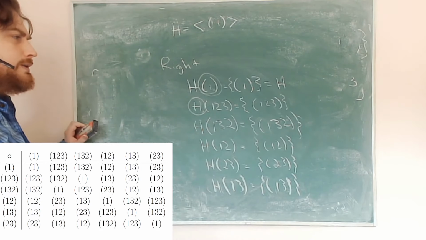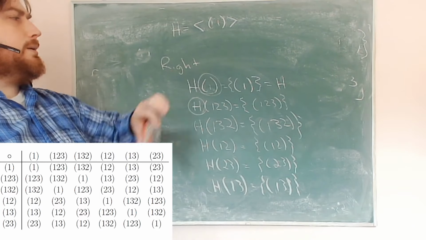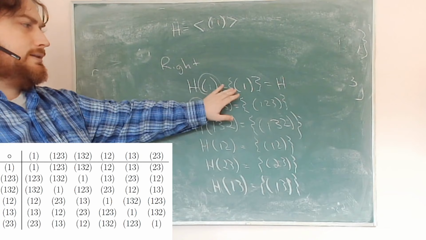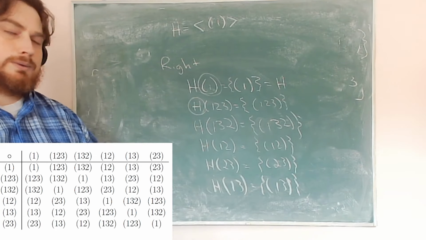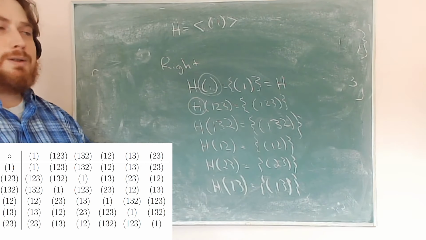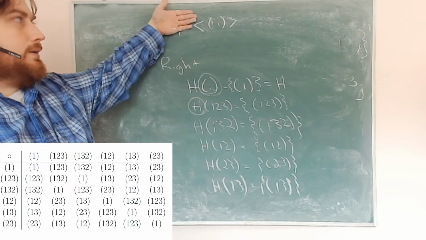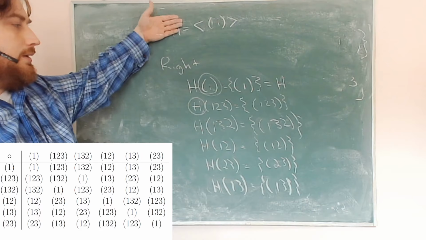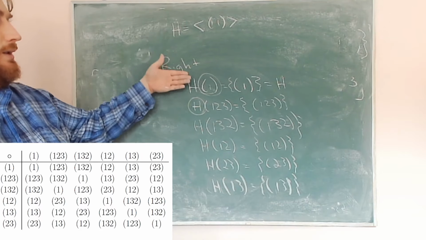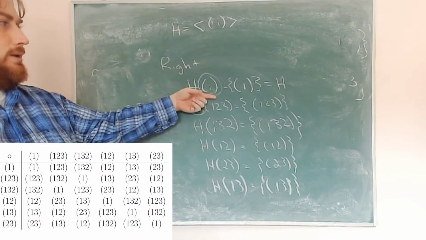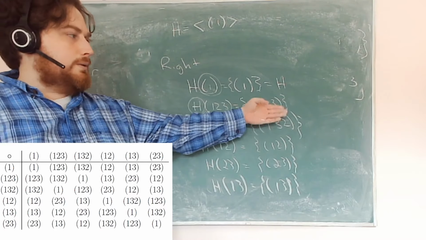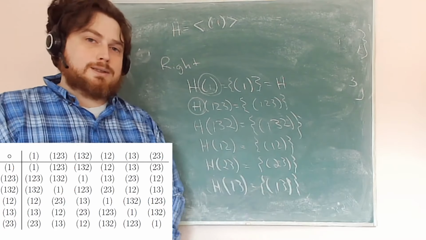So how many cosets am I going to have of the group generated by the identity element? I'm going to have 6 distinct right cosets. So you would have to actually write out all 6 of those and say, okay, if we take the group generated by 1, then the right cosets will be H times 1 is 1, H(1 2 3) is (1 2 3), and then I would list these all out.